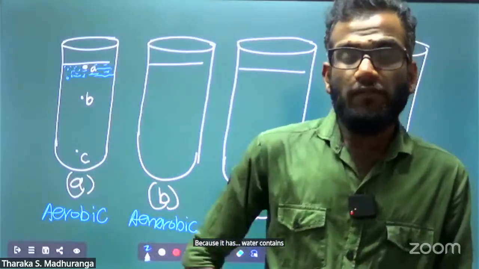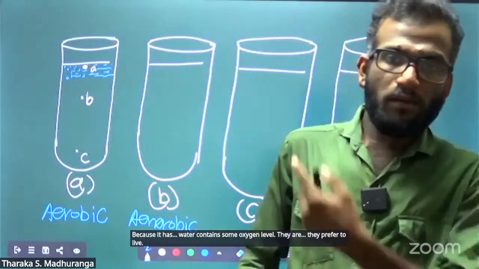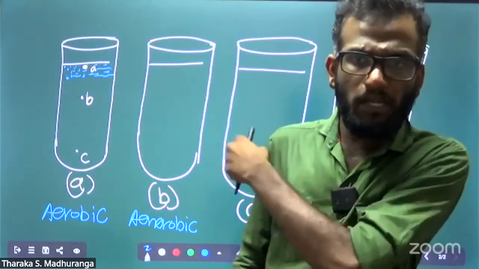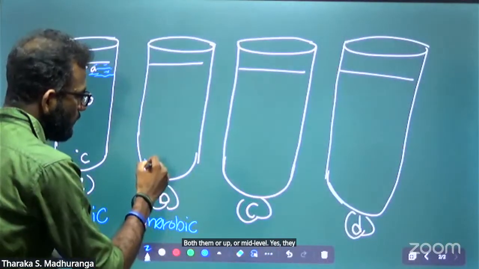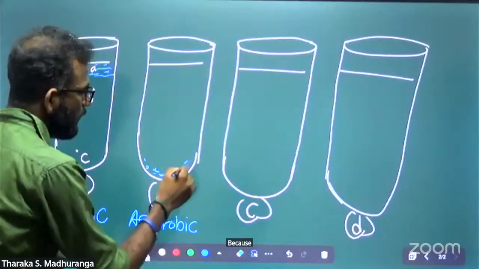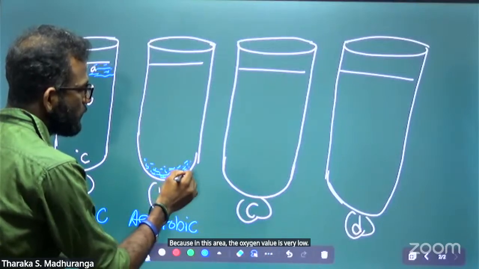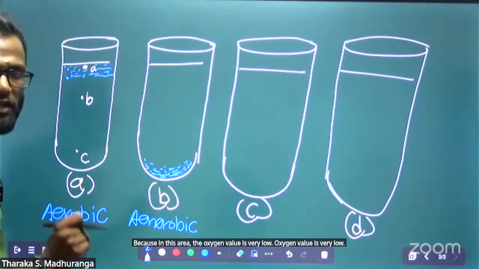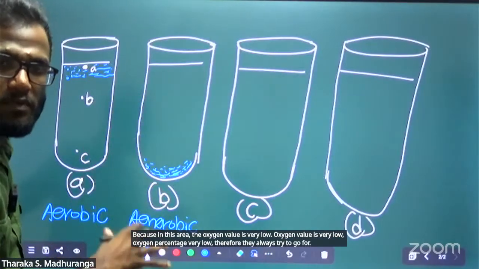Where do they prefer to live? Yes, they go to the bottom areas because there the oxygen value is very low. Therefore they always try to go to the maximum bottom.